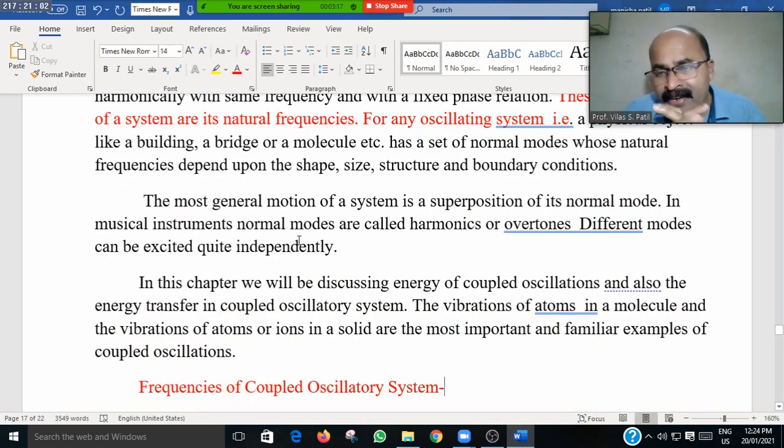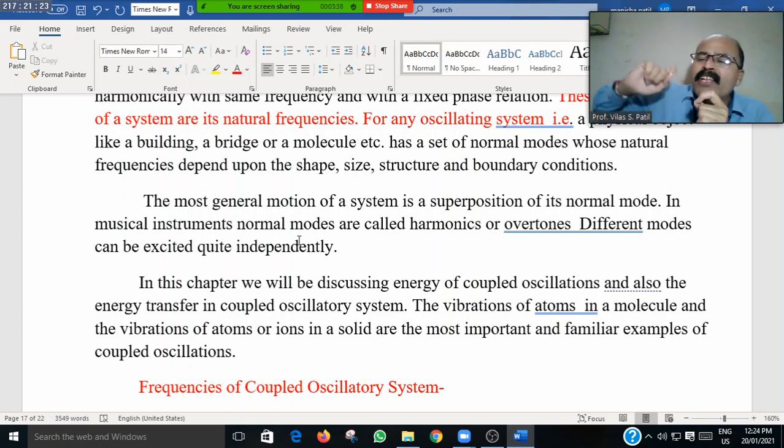We know that in superposition, in the first chapter, superposition of harmonic oscillation, we saw the superposition of two normal modes in a musical system, in a musical instrument. Normal modes are called the harmonics or overtones. We know that. That is, the normal mode is the overtone where the resonance will be formed. And different modes can exist quite independently.